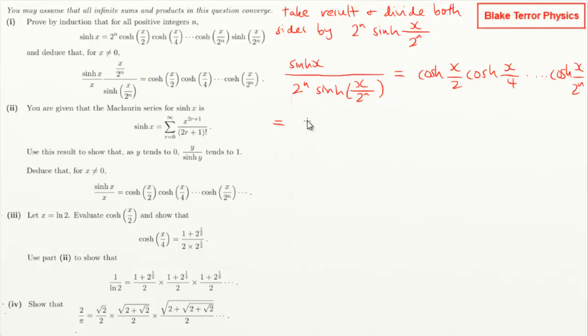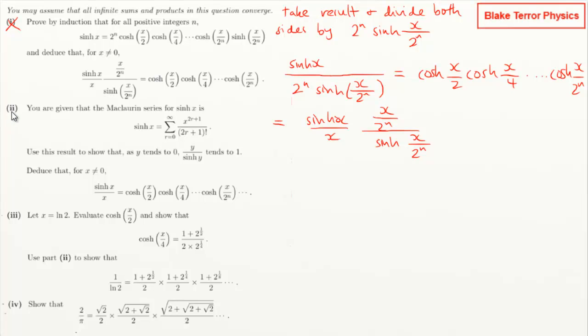So that equals sinh x over x times x over 2 to the n divided by sinh x over 2 to the n. Sort of a weird way of putting it all down, but it's pulled everything together anyway, so that was fine. That was quite a long part 1 to this question, so hopefully subsequent parts will be a bit quicker. Right, so let's move on to part 2 then.